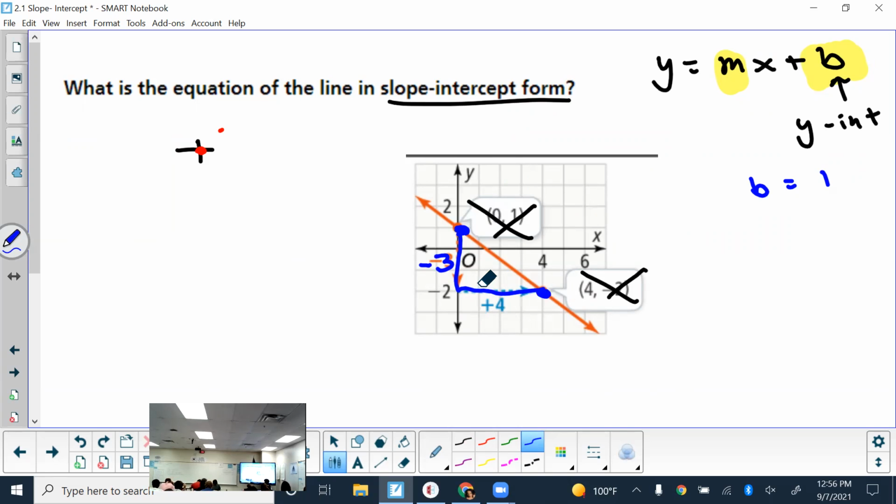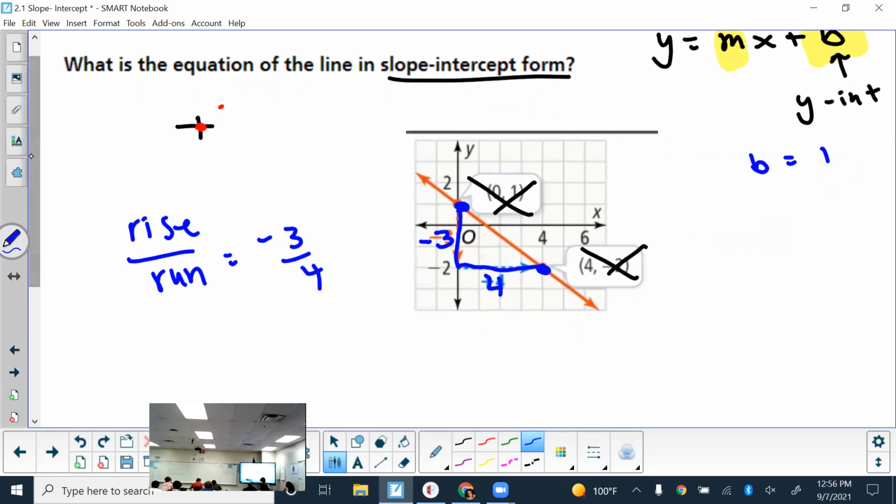All right, now how much to the right do I have to go? 4. So go to the right 1, 2, 3, 4. And then put it together. What's my rise over run? -3/4. So then to wrap it all up, write it in slope-intercept form.